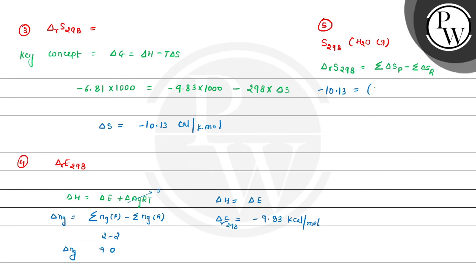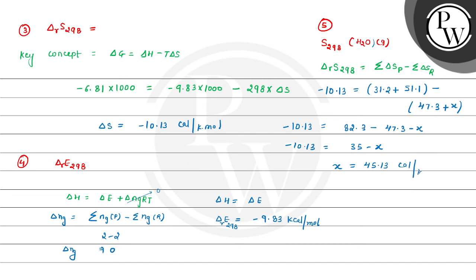For H2 it is equal to 31.2 and for CO2 the value is equal to 51.1, minus the value for CO, which is equal to 47.3, and let's say for H2O the value is equal to X. We have to calculate this value of X. Now we can write minus 10.13 is equal to 82.3 minus 47.3 minus X. So minus 10.13 is equal to 35 minus X. So from here we can calculate the value of X. This comes out to be 45.13 calorie per Kelvin per mole.